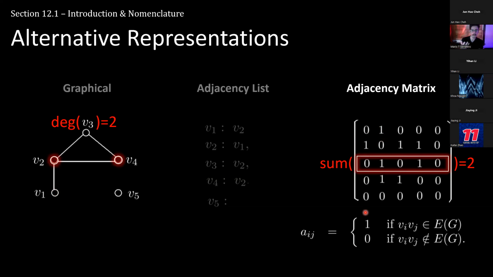So this representation is useful because you can, for example, sum the entries along the rows, and that will give you the degree, right? Because for every element that is a neighbor of, let's say, V3, I'm going to put a 1 in the third row, and then I just need to sum the 1s that I added.